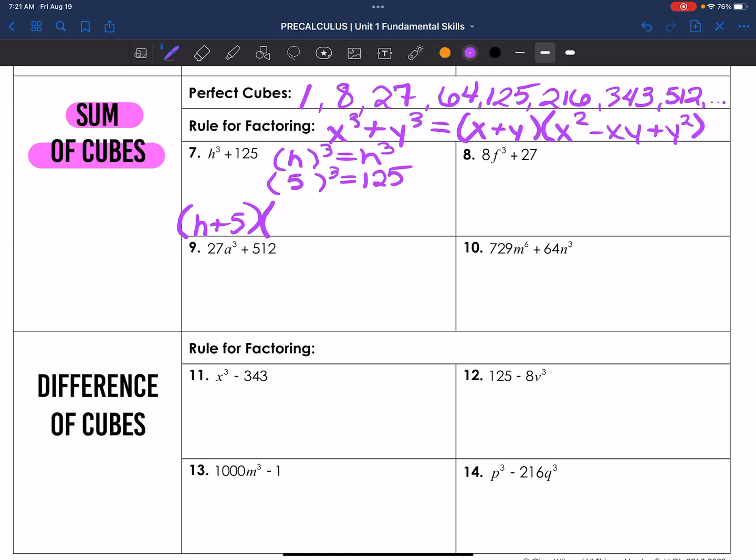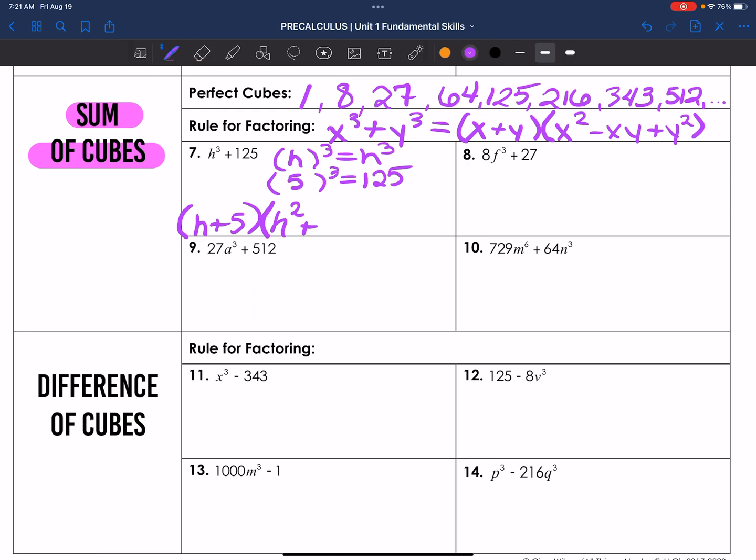Now continuing on, it is to take your first value, your x quantity, and square that. In our case, it is h. So we will square that.